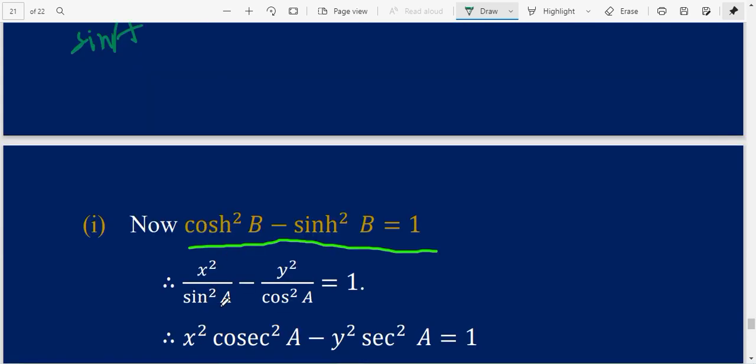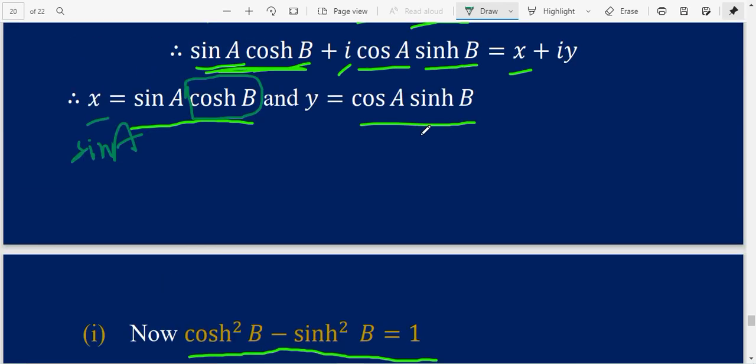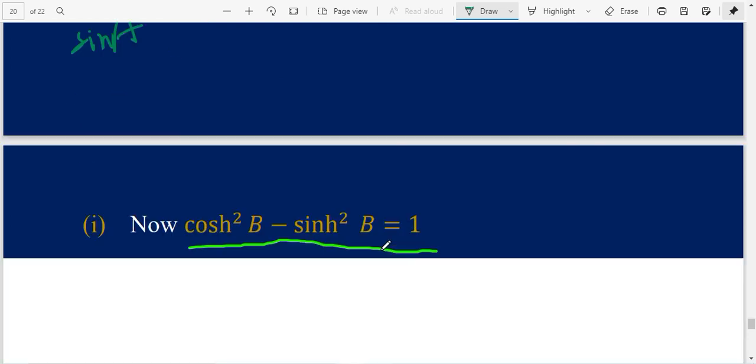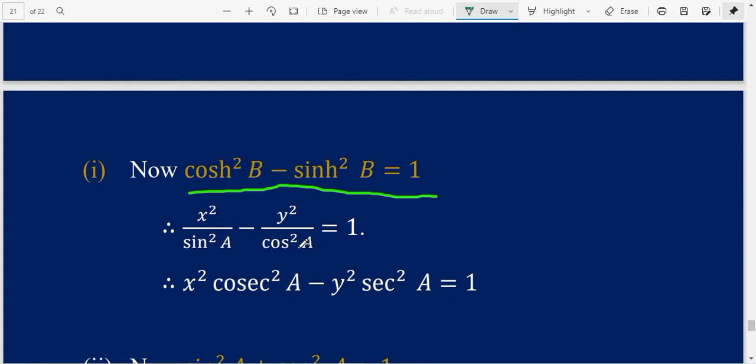So x square upon sin square a minus y square upon cos square a is equal to 1. Now 1 upon sin square a is equal to cosec square a, and 1 upon cos square a is equal to sec square a. So this completes the proof of the first part.